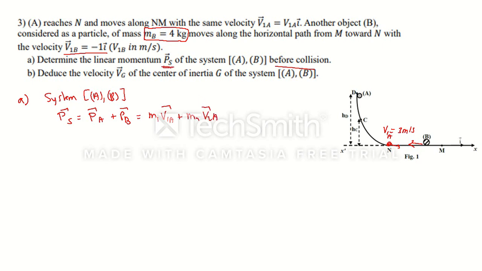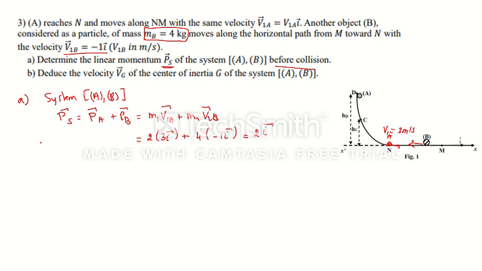If we notice, the question is to find P vector and not P value. And then here we continue, so it will be equal to 2 times 3i since it's moving with the same direction, plus for the second particle the mass is 4, and the speed is minus 1i. So the answer will become equal to 2i.